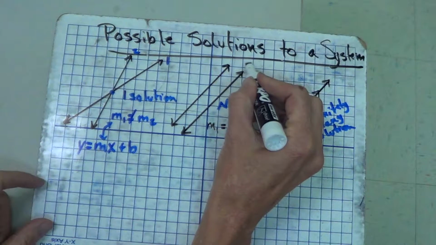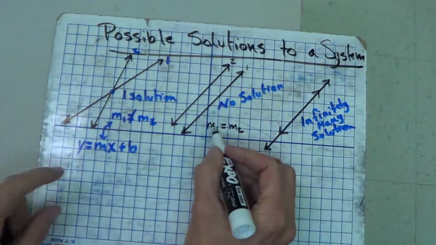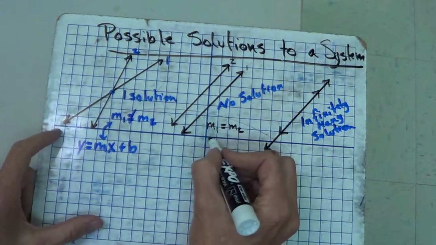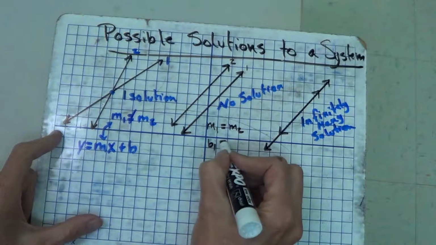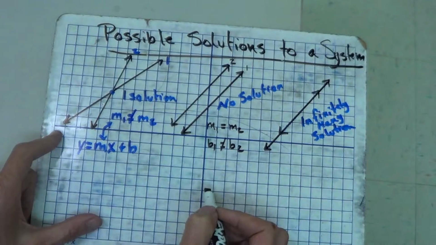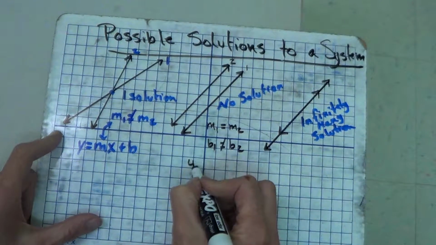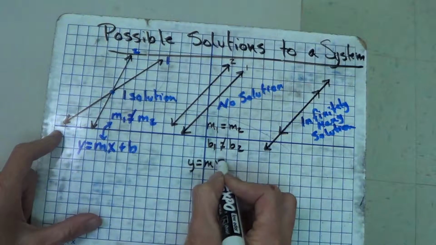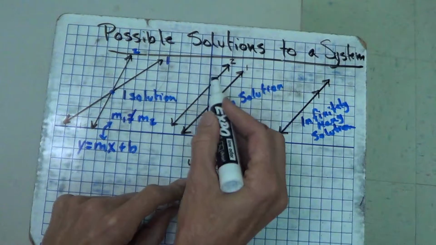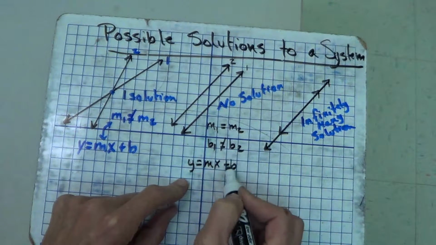Okay, so this being line 1, this being line 2, the slopes are the same. Interesting though, the y-intercepts cannot be the same. So the y-intercept absolutely may not be the same. They can't cross at the same point. So your y equals mx plus b, when you look at the two equations for the two different lines, the slopes would be the same, the b values would be different.